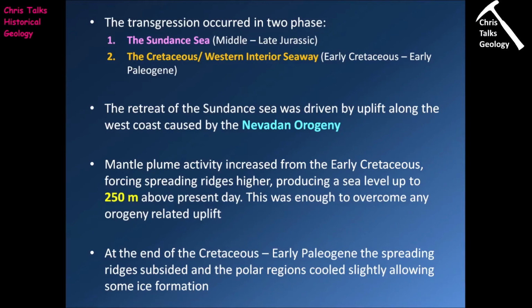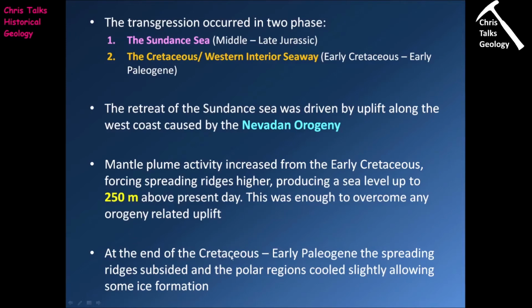Now, obviously, this very substantial sea level increase is going to lead to the seawater transgressing back over the continents, and so even though the western side of North America is being pushed up due to subduction, it's still not enough to stop the sea coming back onto the land, and that's going to lead to the formation of the Cretaceous Interior Seaway.